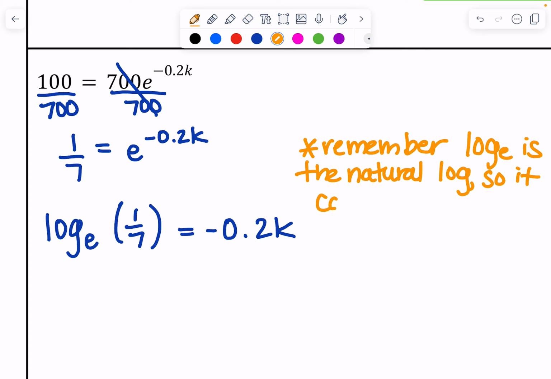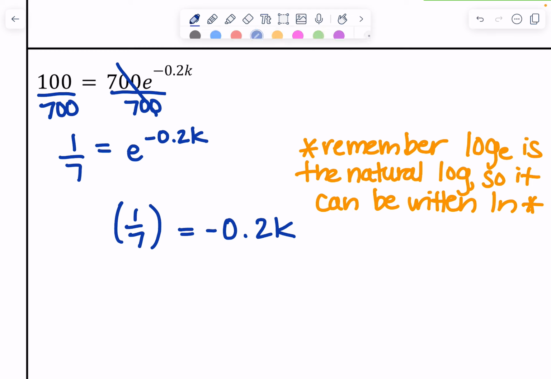So it can be written shorthand ln instead. Okay, so I'm going to go over here. I'm going to erase log e, and I'm going to write ln instead. Just looks a lot better.